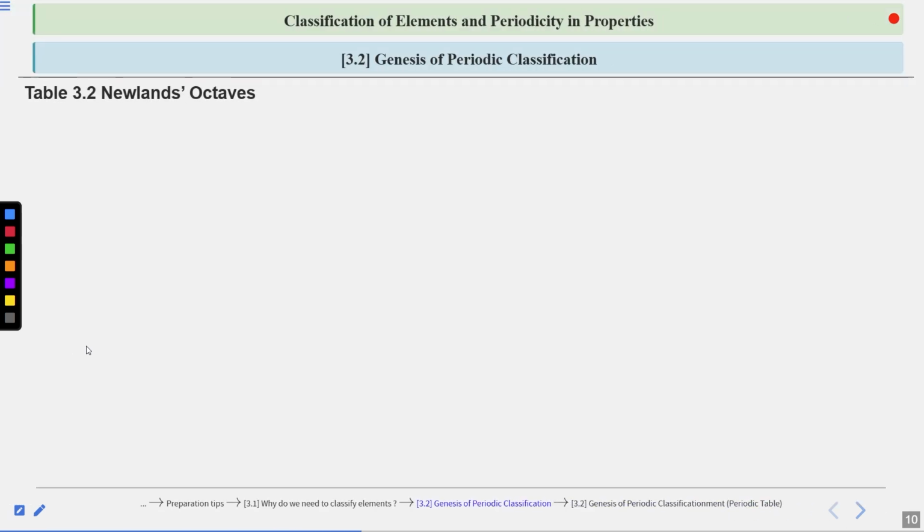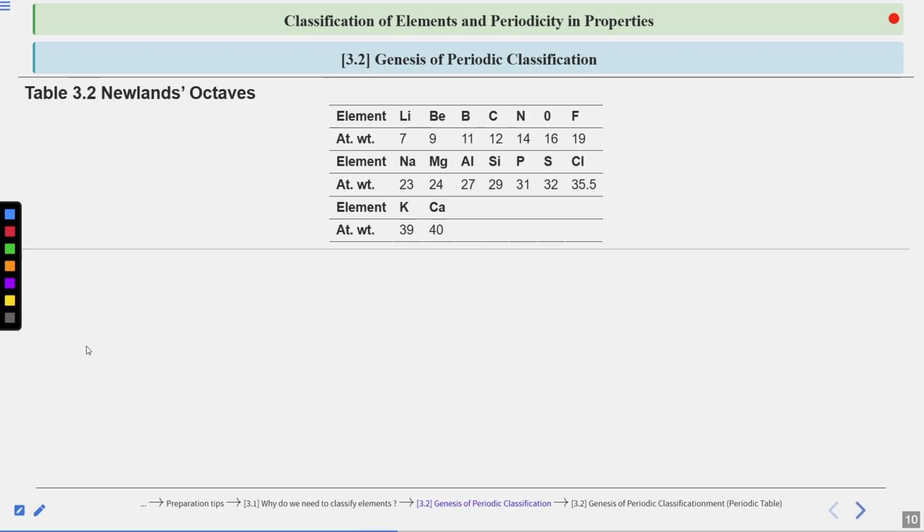Now, this is Newlands' octave table. First is lithium, then beryllium, boron, carbon, nitrogen, oxygen, and fluorine. This includes 7 elements. Now, rather than going on to the 8th element, we put that 8th element below lithium, because the property of sodium resembles the property of lithium.